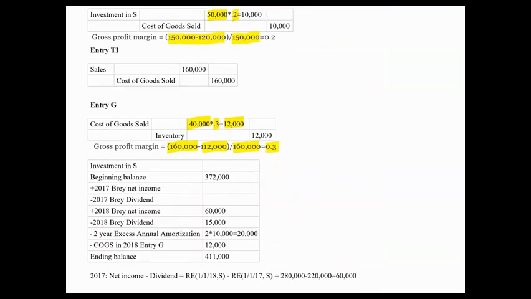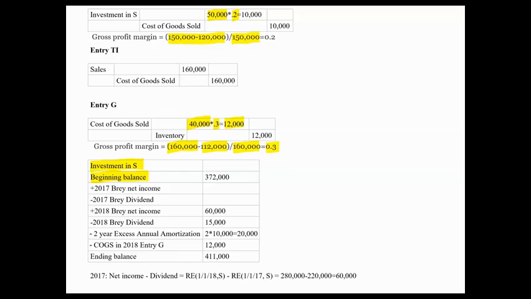Okay, so let's come back to this formula about how we get the investment in subsidiaries balance, the investment account balance. Generally speaking, this investment account balance equals its beginning balance plus the income from the subsidiary company minus dividends from the subsidiary company, and then also remember to subtract those excess annual amortization.